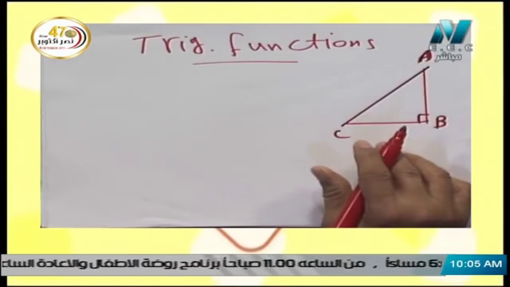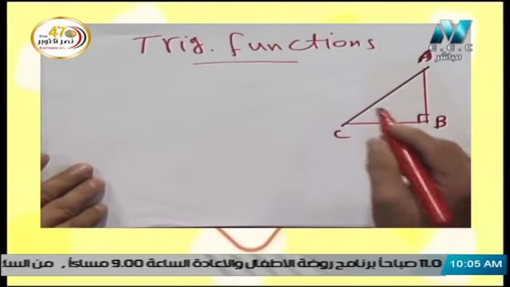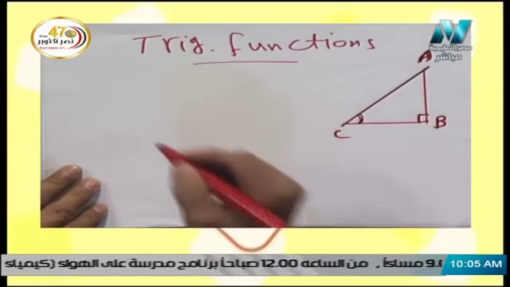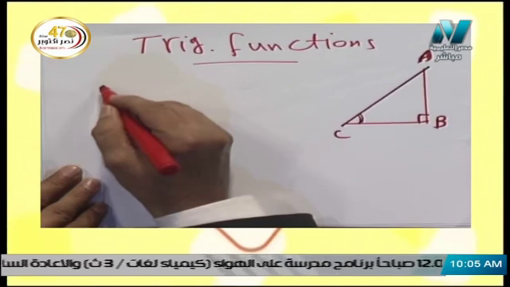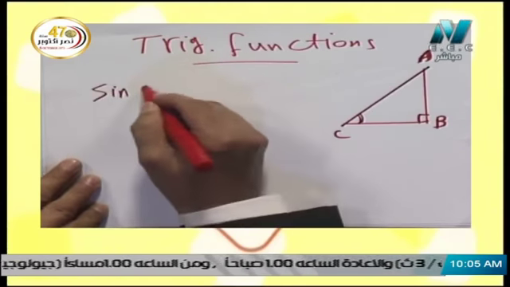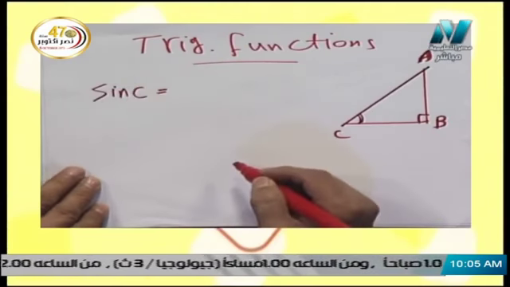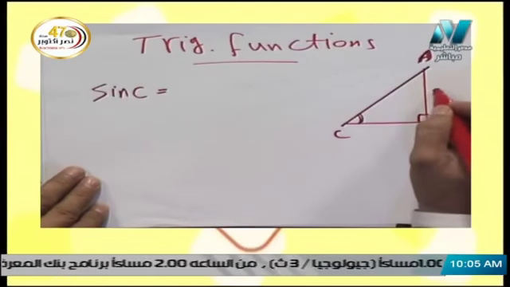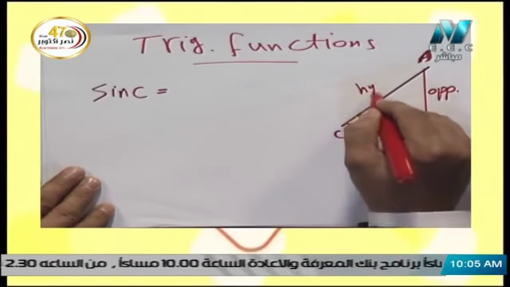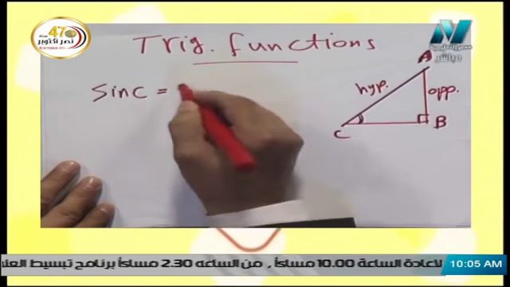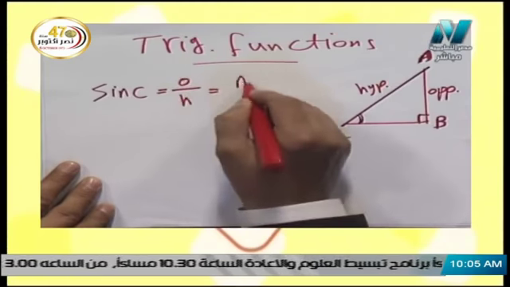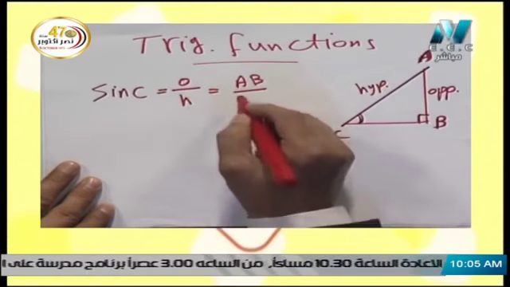From our previous studying, we know that if you are concerned about the angle C, then we study the first function, which is sine C. Sine C here is the opposite over hypotenuse, which is AB over AC.